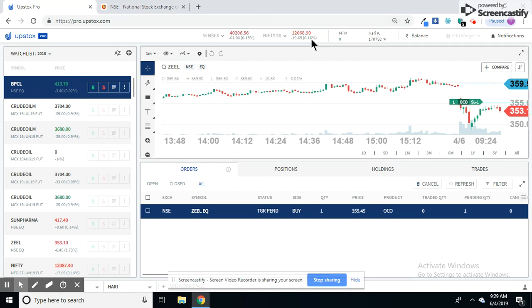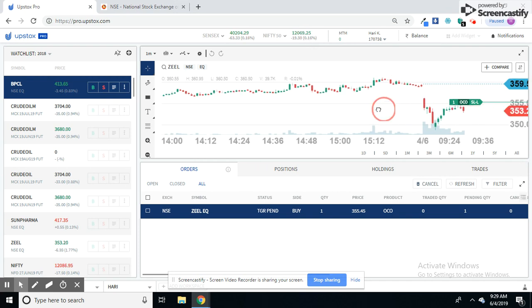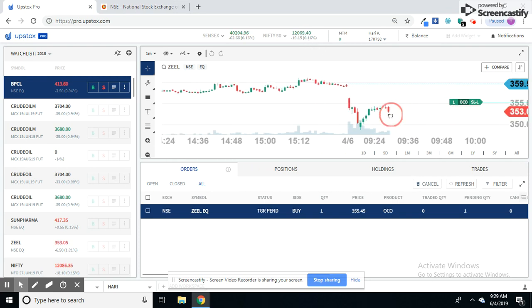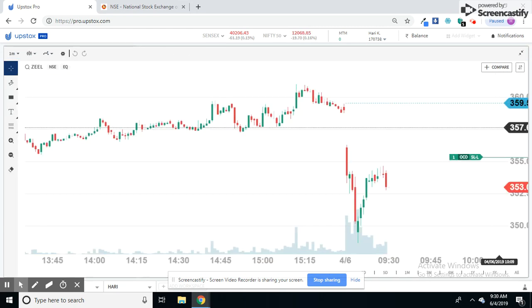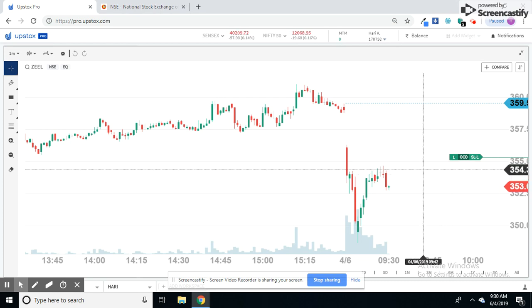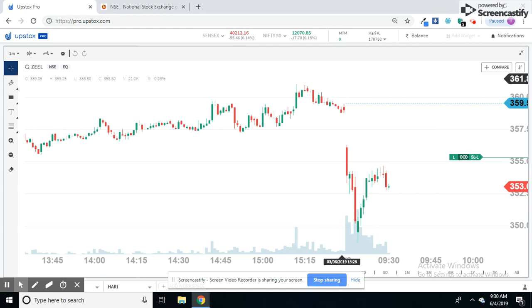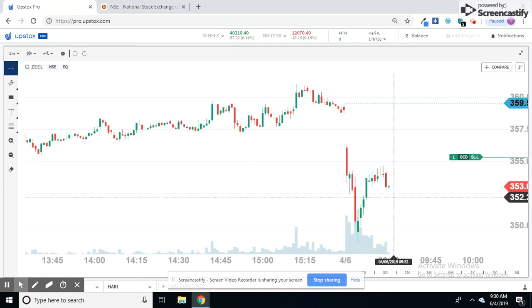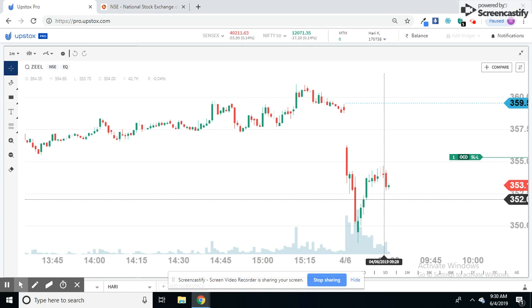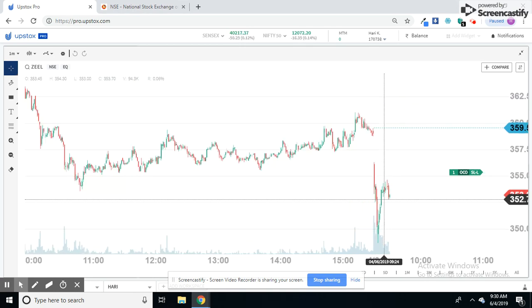Okay, so the market is moving negative right now. It's negative 0.16 percentage. As I told you, we should never trade against the market. The order that we have placed is a buy order, so we should not go for a buy position because the overall market is moving downwards. Hence one thing we can do is go for a short position, that is, a sell position.